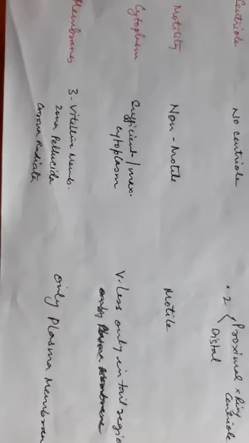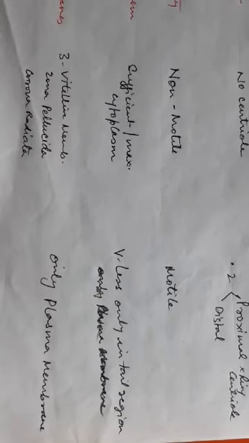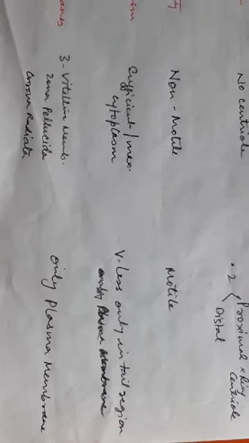Next point is about the membranes or the envelopes, which are the protective cover. In case of egg, there are 3 membranes present. We have discussed this point also in the previous session: vitelline membrane, zona pellucida, and corona radiata. In case of sperm, there is only one plasma membrane which covers the complete structure. So they differ structurally in so many respects.